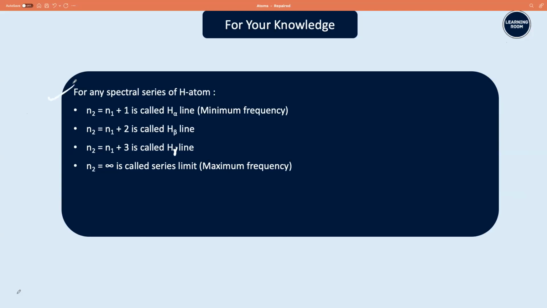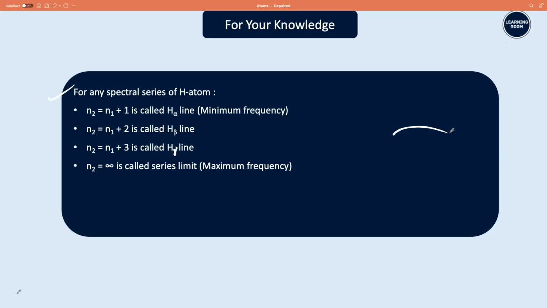So for any spectral series of the hydrogen atom, this is a very, very rarely asked question. They'll ask you the frequency of the H alpha line. So what do you mean by H alpha? If the lower orbit is n and the upper is n plus 1, you call it H alpha. For example, for the Balmer series, at what orbit is the electron supposed to land?